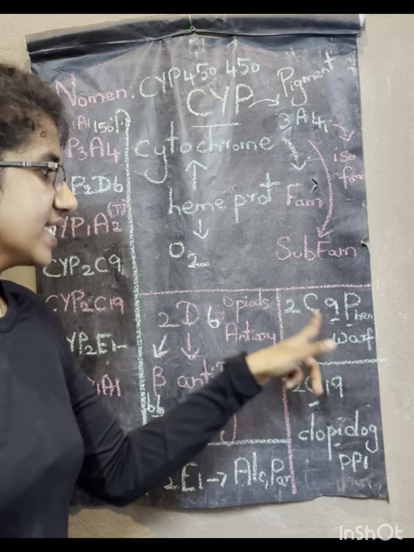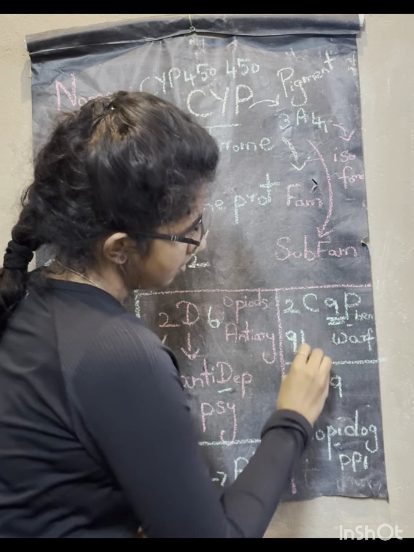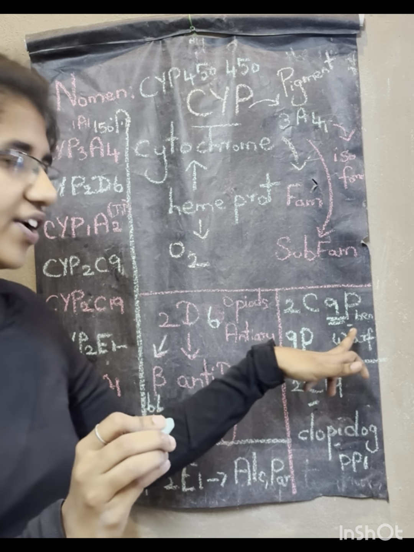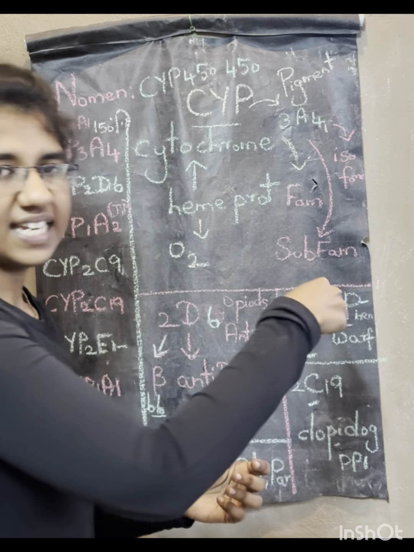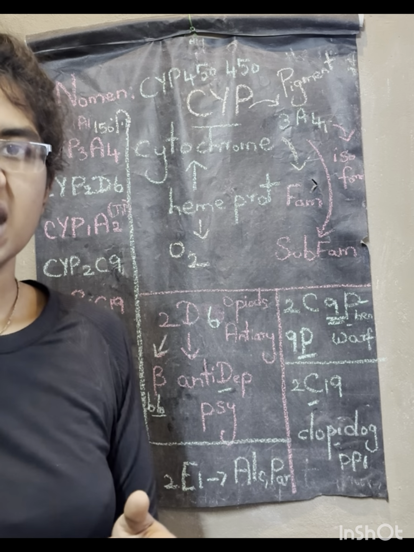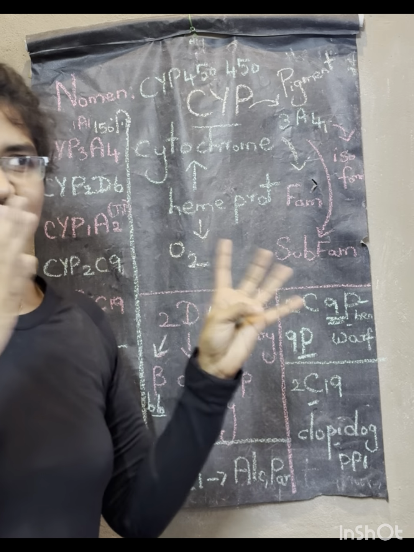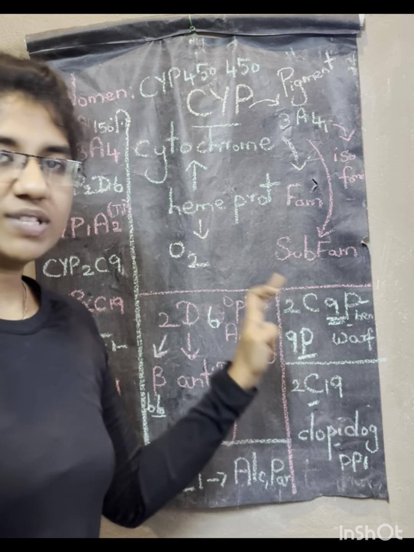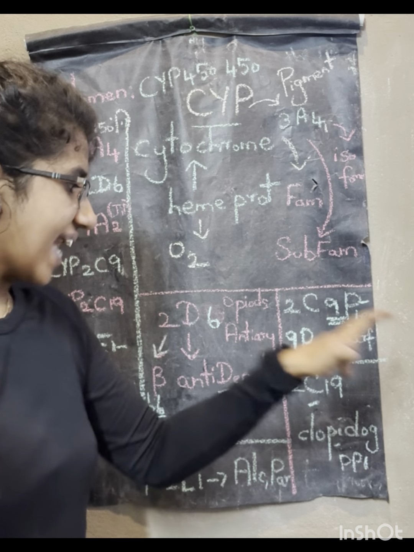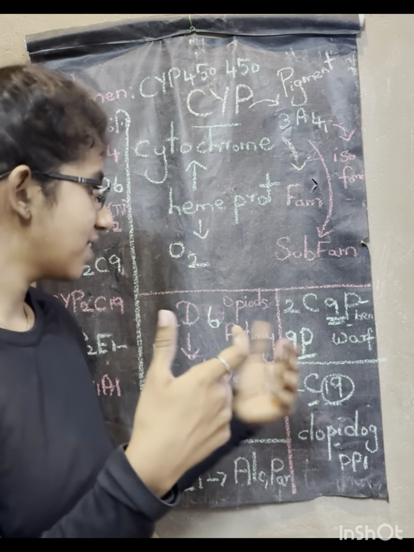And then 2C9. For 9, if you take the mirror image, it looks like P, right? So phenytoin and warfarin. It's very important. Phenytoin is an anti-epileptic drug; the brain is very active during epilepsy, and for warfarin you can remember war. So phenytoin and warfarin are 2C9. And 2C19 is C19, which means a bigger number than 9.